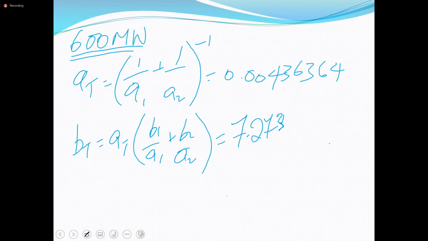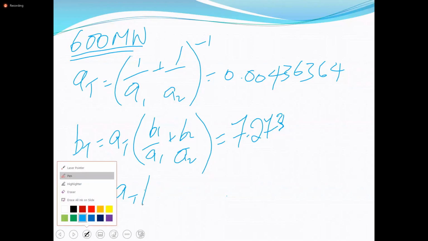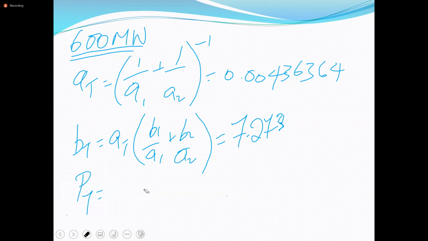Once you have found AT and BT, you know that PT is equal to 600. So lambda would be equal to AT PT plus BT.